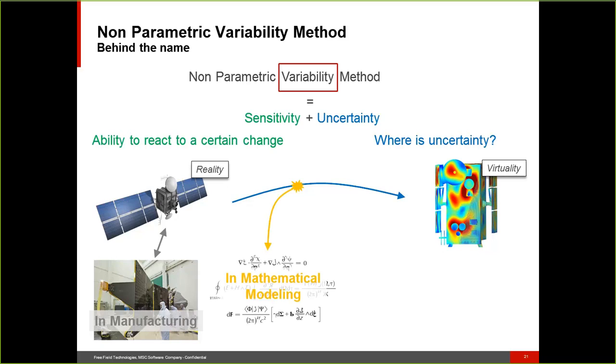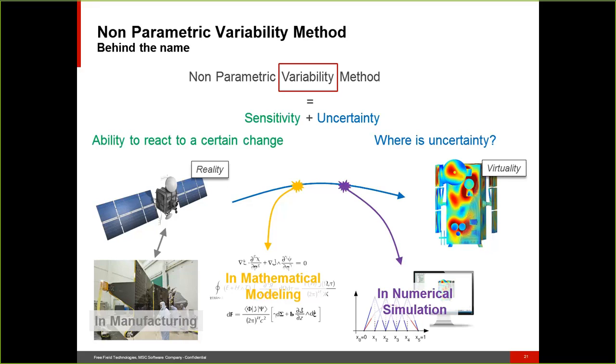It can be, for instance, the choice of the governing equations used to describe complex composite solar panels. In addition, the choice of numerical simulation technique might also lead to uncertainty. It is, for instance, well known that boundary element methods cannot consider strong free structure coupling.